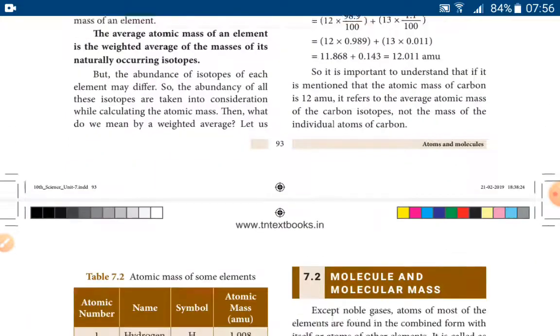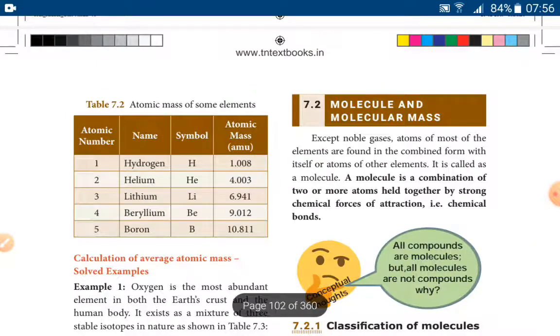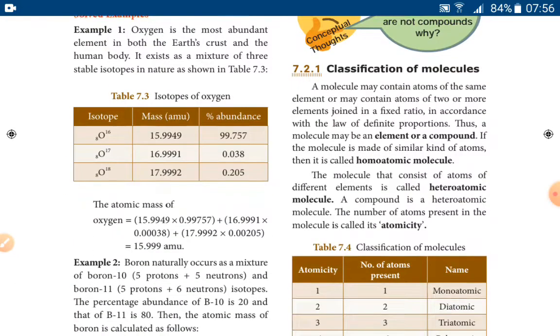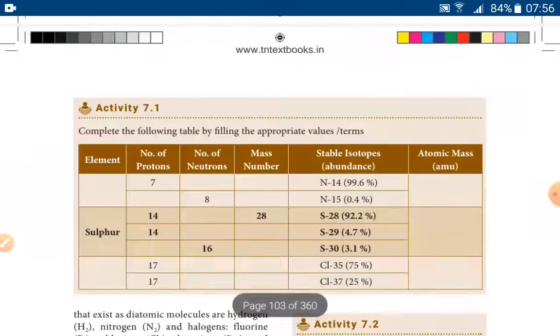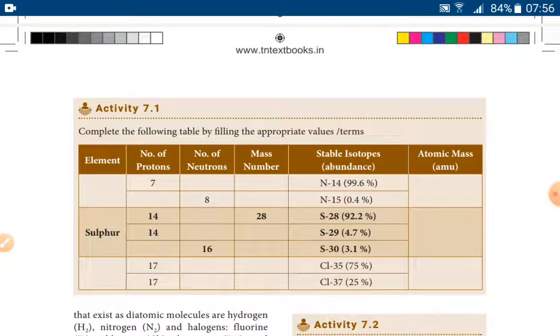Next, see what is a molecule. It is a combination of atoms of the same kind or different kinds. And what is called atomicity, and the different types of atomicity: monoatomic, diatomic, triatomic, and polyatomic. And next, you should also know how to calculate the average atomic mass of isotopic elements.